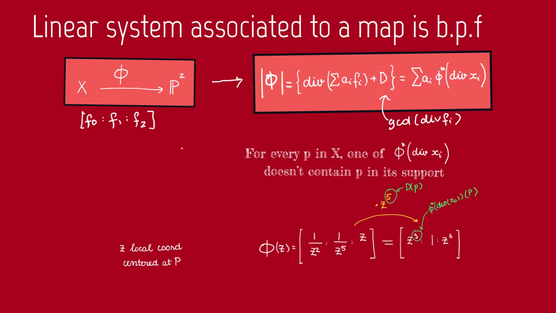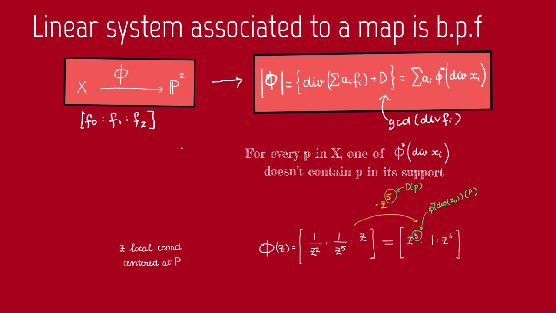So we will multiply everything by Z to the 5, and we get this representative, and then we can evaluate this at 0 to see the image of P. Now remember, by definition, this power 5 here is going to be dP. dP is minus the minimum order of vanishing of the coefficients Fi at P.